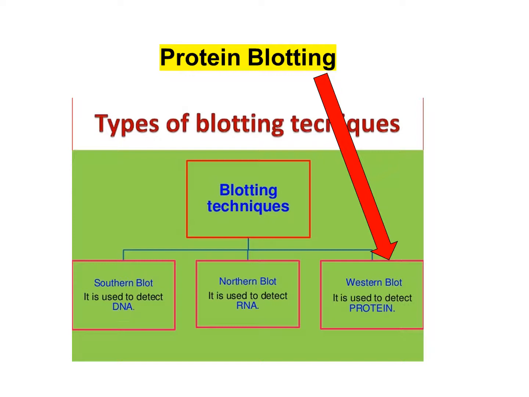A Southern blot, named after a guy named Southern in 1975, used blotting to detect pieces of DNA. A Northern blot, there was no Dr. Northern, it was just a play on Southern, was mainly for messenger RNA, not just RNA, messenger.